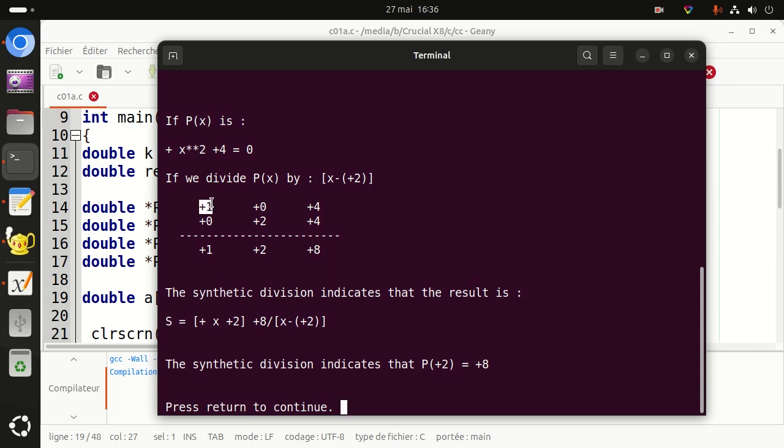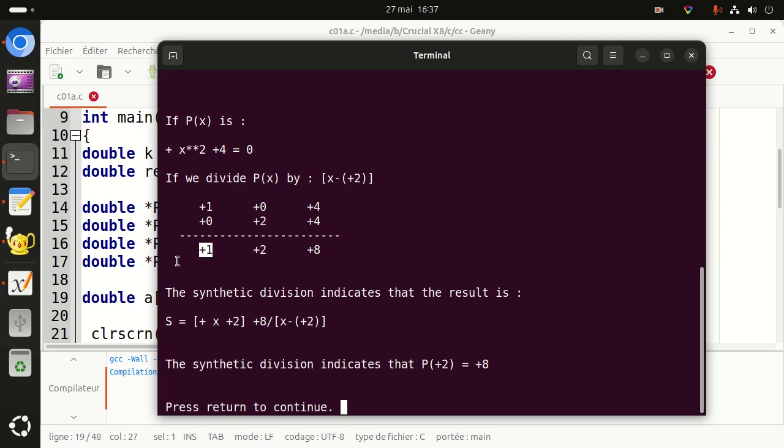You don't see it, it is 0. In the first line I write the coefficients of the polynomial, the second line is empty. In the third line I write the first coefficient, plus 1.